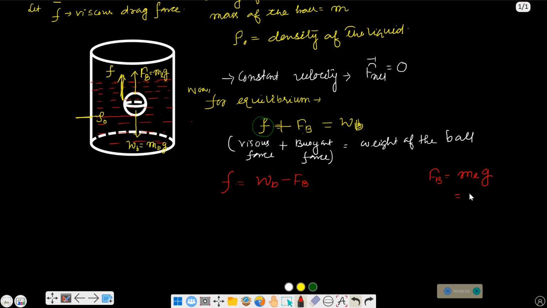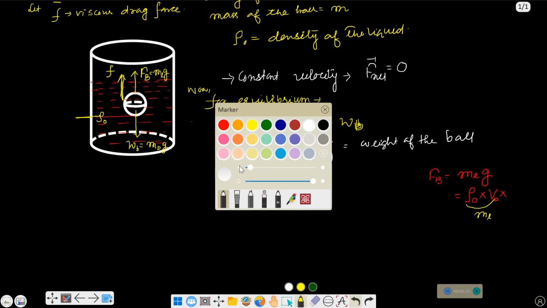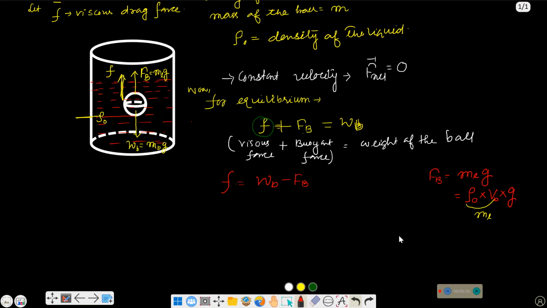The mass of the liquid displaced will be the density of the liquid, that is rho naught, times the volume of the body submerged, which is equal to the volume of the liquid displaced, into g. Now for WB, the mass of the ball into g is rho into VB into g. If we put these values here, we get rho VB g minus rho naught VB g, where VB is the volume of the body.